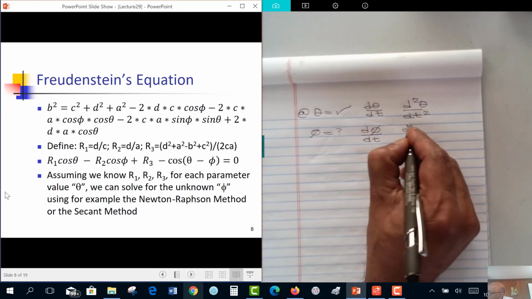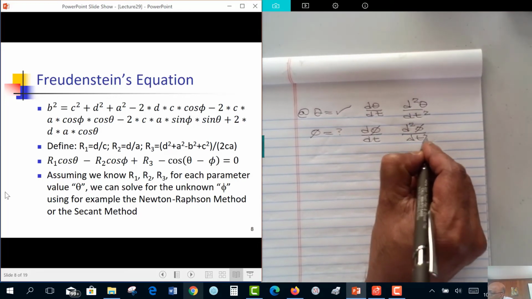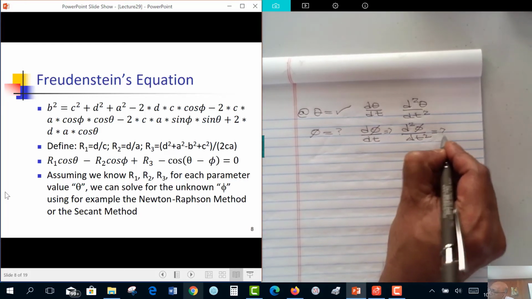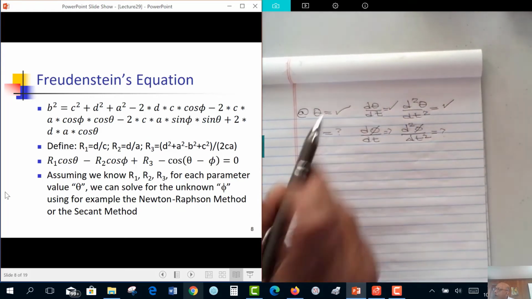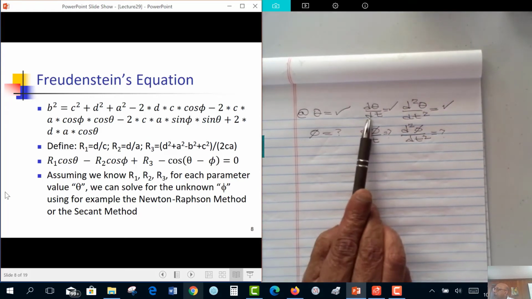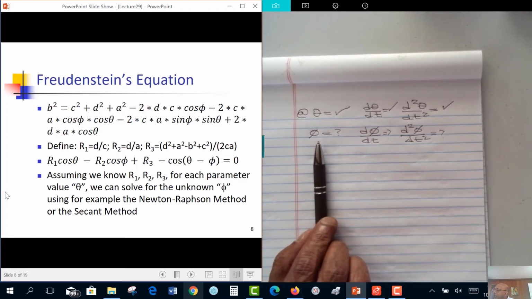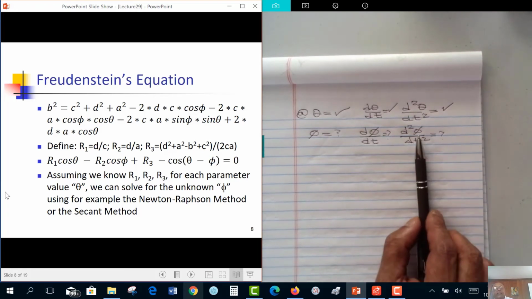And we can find also angular acceleration. So given all these quantities, if we know angular position, velocity, and acceleration for the one linkage, we can find its position, its velocity, and its acceleration.